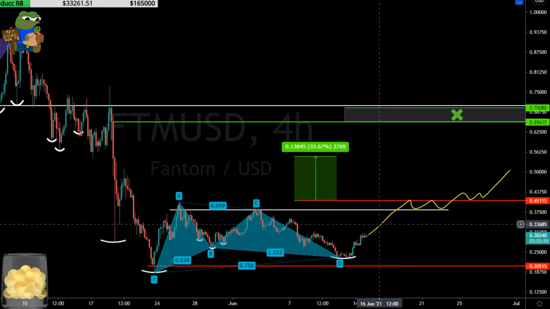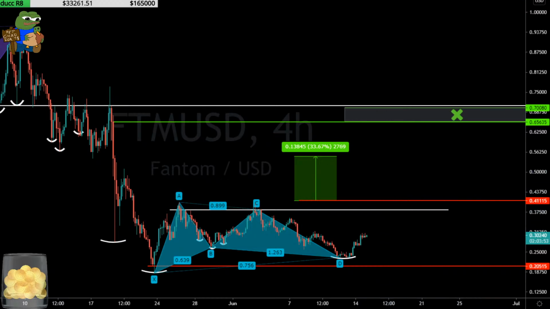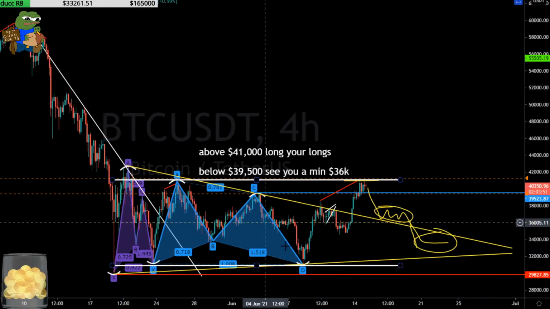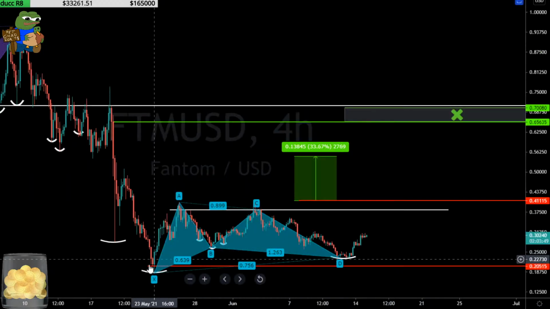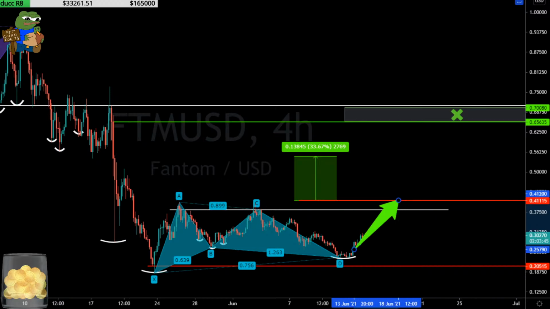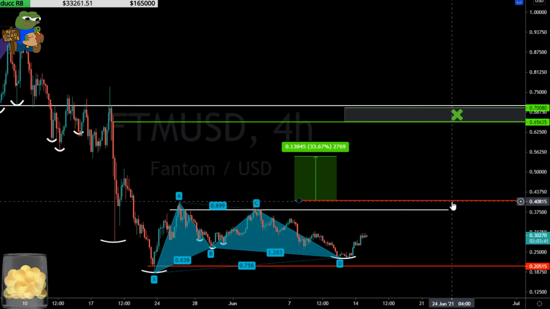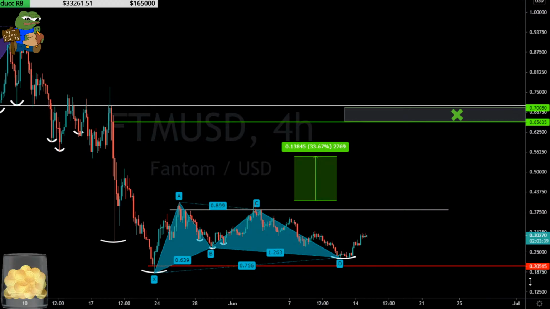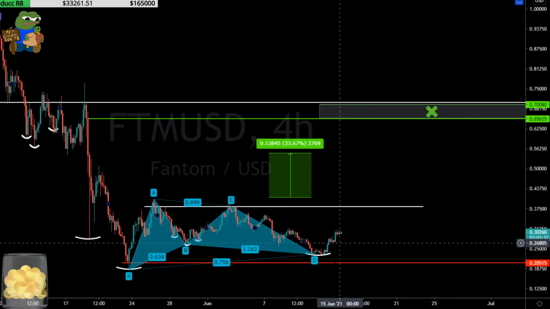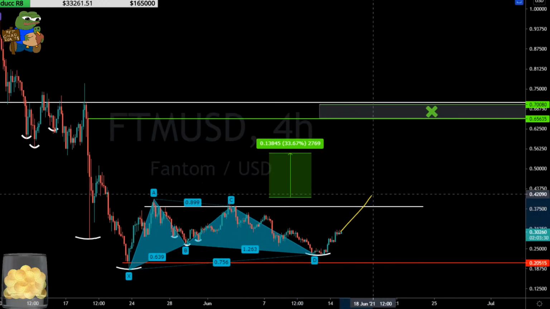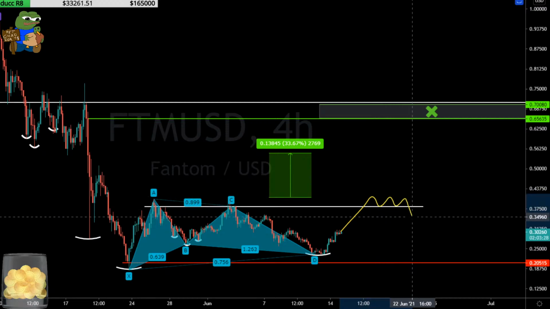Okay, so similar type structure here, where again Bitcoin painted the harmonic, FTM painting the harmonic. You're just lagging, right? But your next area of interest is that 41 cents area, 40 cents area. Again, it's not going to be the target for take profit unless you get above it and you fail, right?